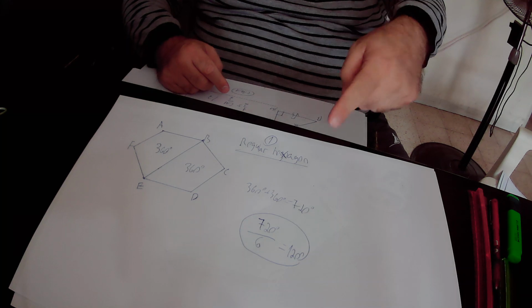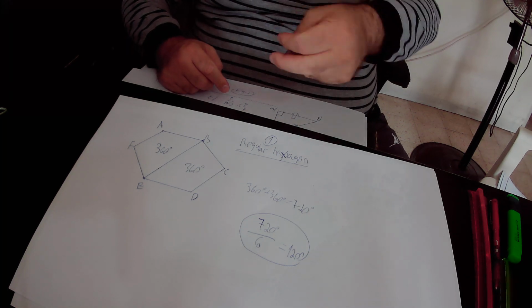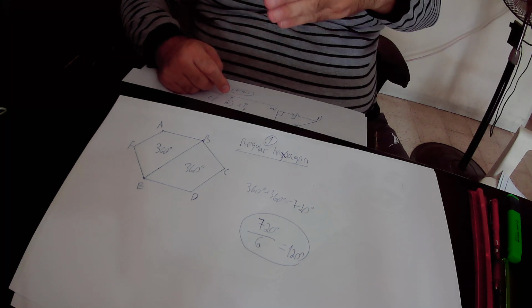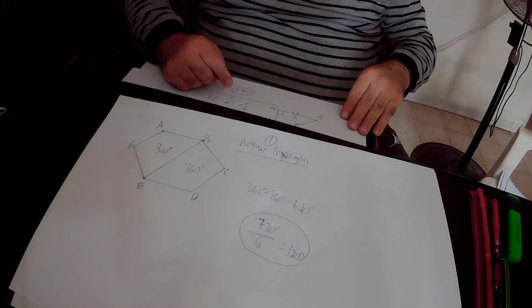So 720 degrees over 6 is 120 degrees. Therefore the size of each angle in this regular hexagon, and in any other regular hexagon, equals 120 degrees.